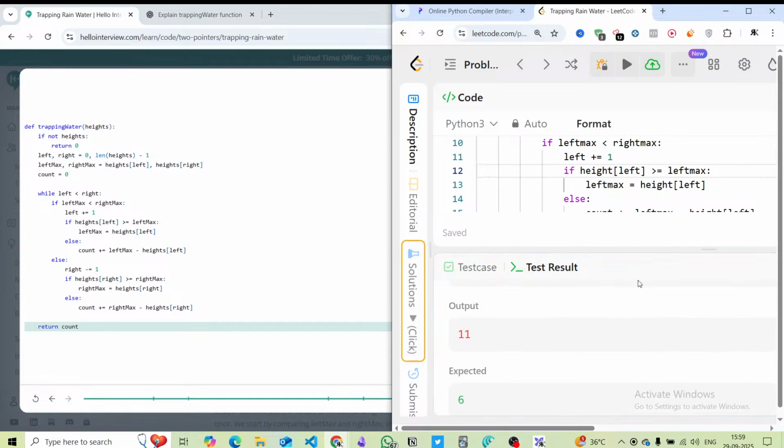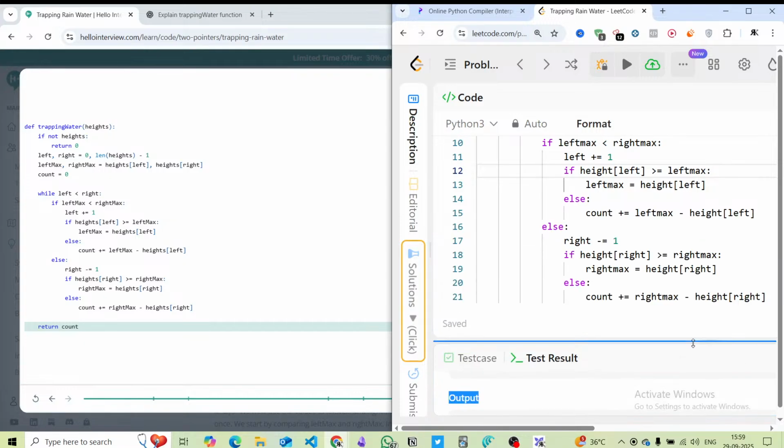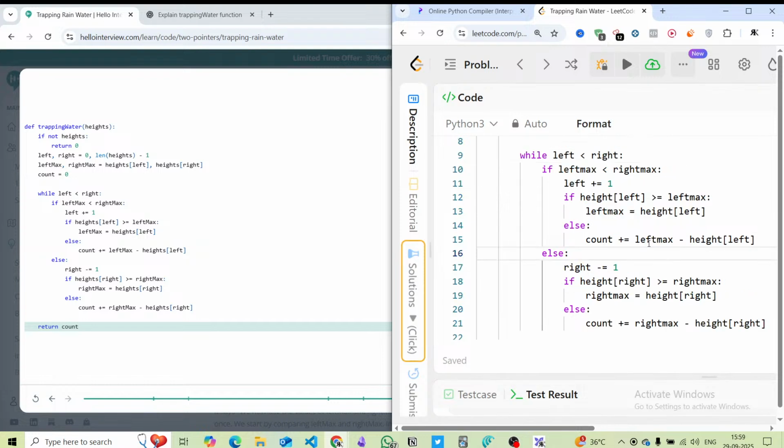Still a problem. Don't know what the problem is.